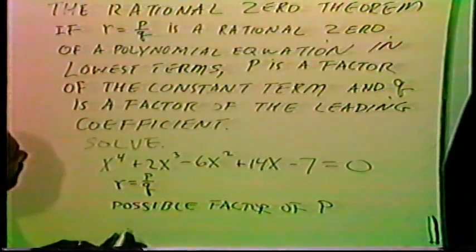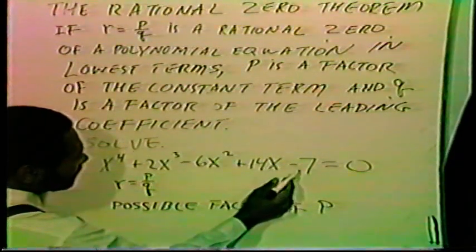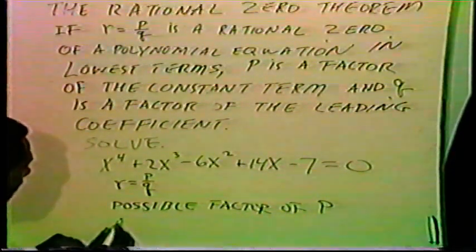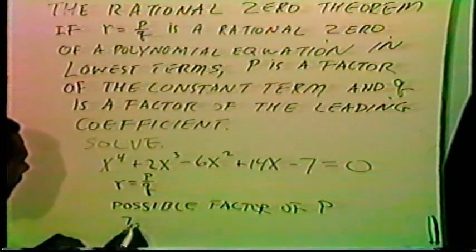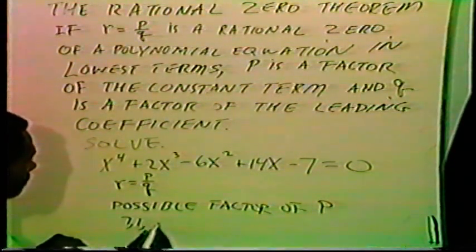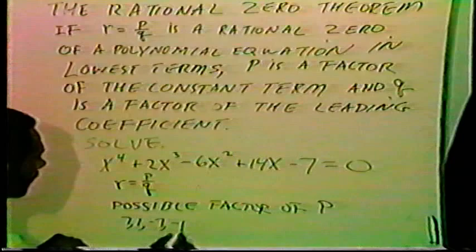So for p, the constant term here is -7. So we write down the possible factors of -7. We could have 7, we could have 1, we could have -7, or we could have -1.